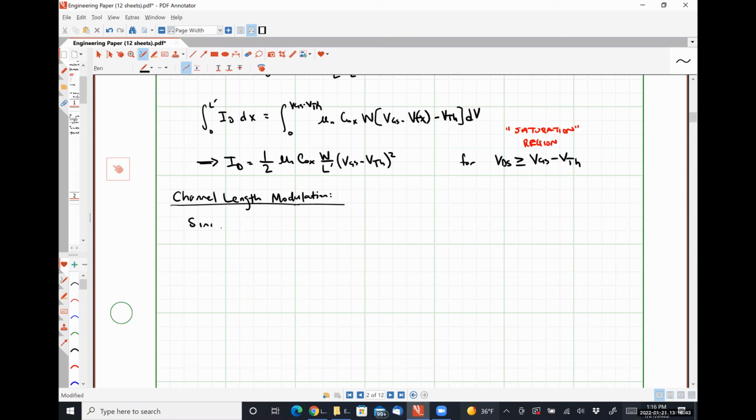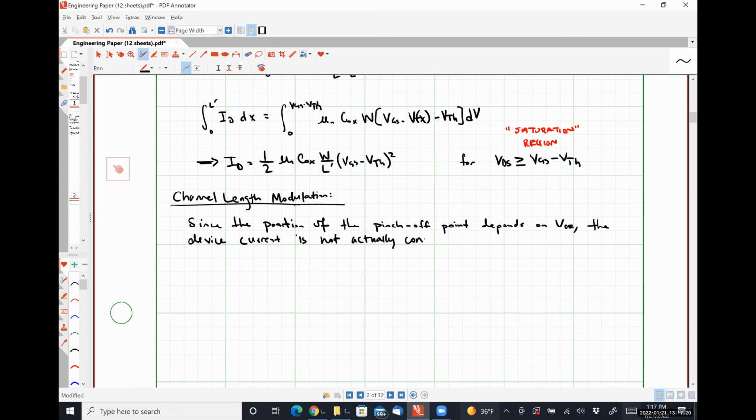Effectively, since the position of the pinch-off point depends on VDS, the device current is not actually constant in saturation operation.